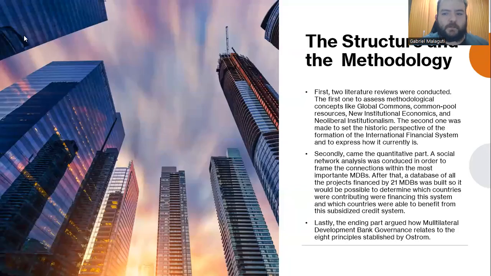Now, the structure and the methodology. My first chapter talks about the theoretical framework and how to relate the two theories I'm operating with: the neoliberal institutionalism of Robert Calhoun and the new institutional economics of Elinor Ostrom.